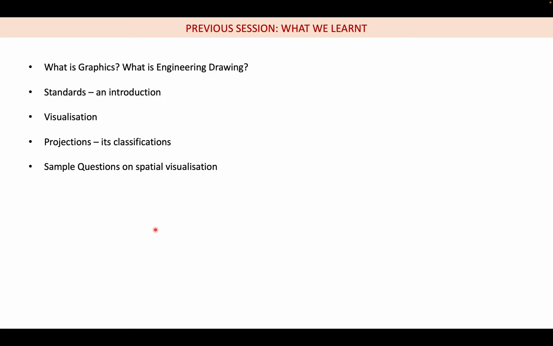We briefly saw an introduction to the various standards used in engineering drawing. After this we saw something called visualization, and how important visualization is in engineering drawing. This led to our discussion on projection and its various classifications, and we saw some sample questions on spatial visualization.